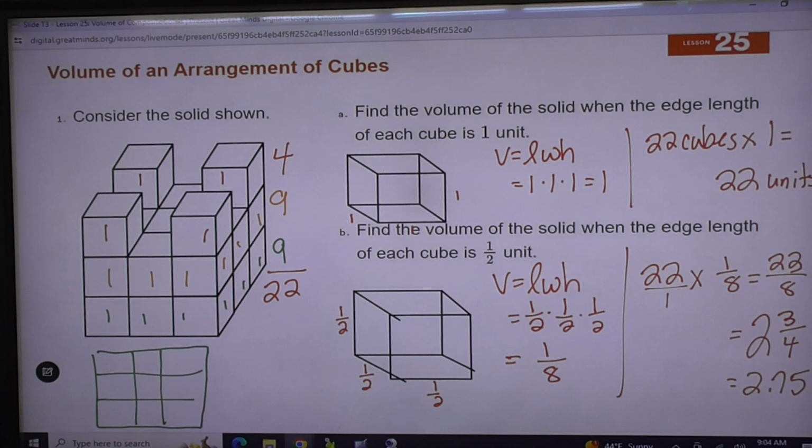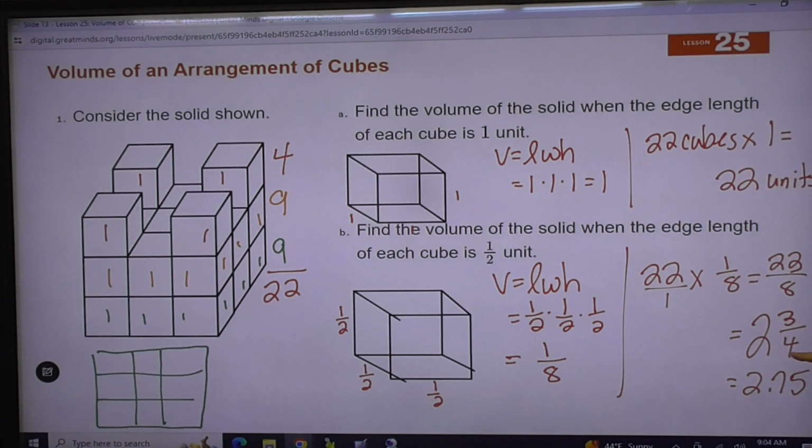When it was in part A, the volume of each cube was 1, right? And then in part B, the volume of each cube was 1/8 of that. So it was 1 in A, and then it became 1/8 of A, right? So do you think the total volume here, we had 22, and now we got 2 3/4.